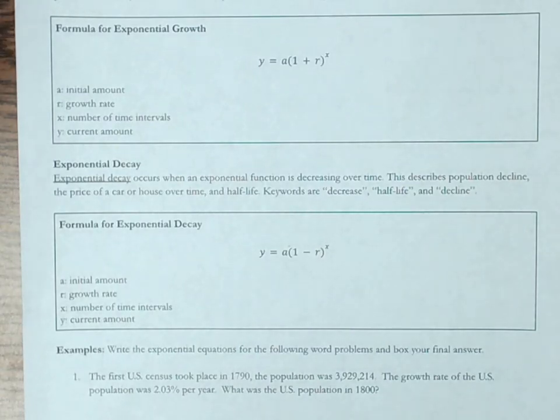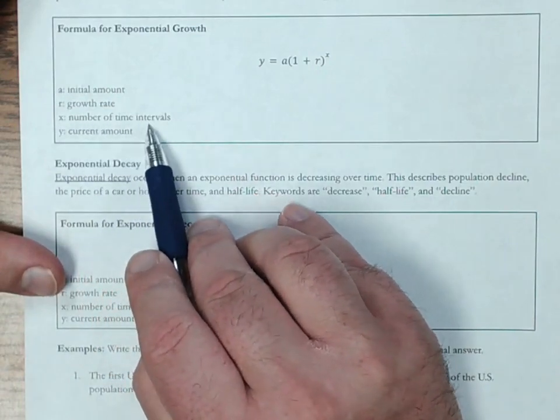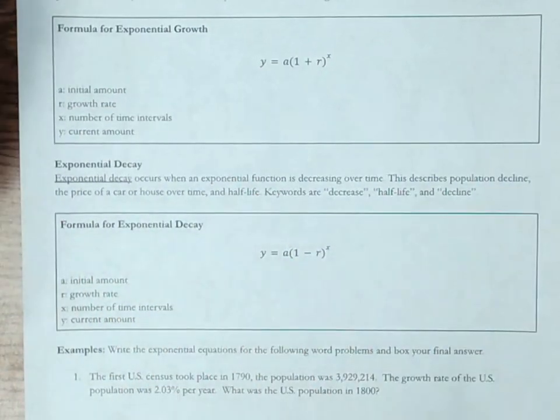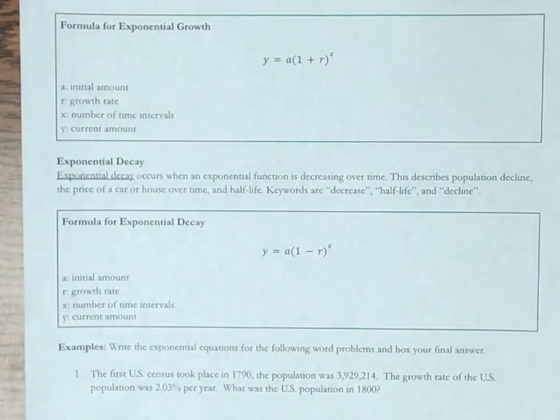The other thing that I need to make you aware of is that this doesn't say number of years. It says number of time intervals, and we will know what a time interval is based off of the growth rate. It may say 2%, but it may be 2% per day, or 2% per month, or 2% per year, or 2% per every decade.